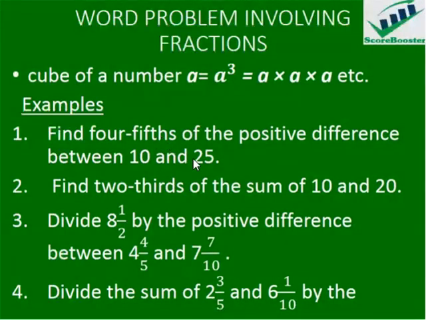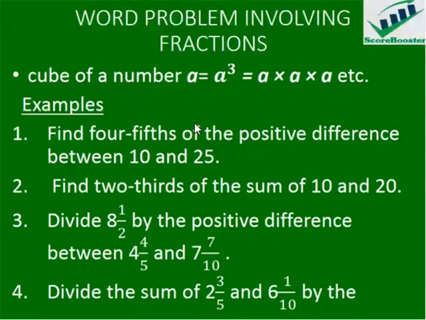You pick out the important clues, we solve for them, we write down what the question is talking about, and then we solve. The second question says we should find 2/3 of the sum of 10 and 20. First look for the sum of 10 and 20, then find the 2/3 of that particular result.